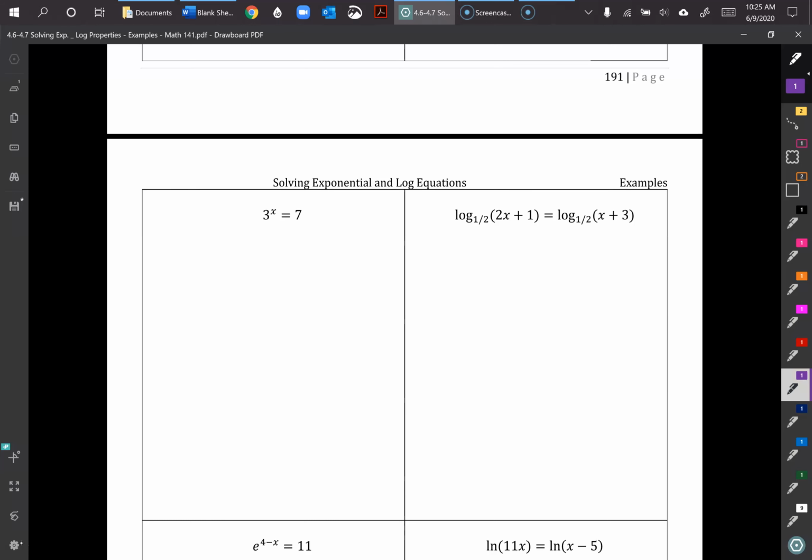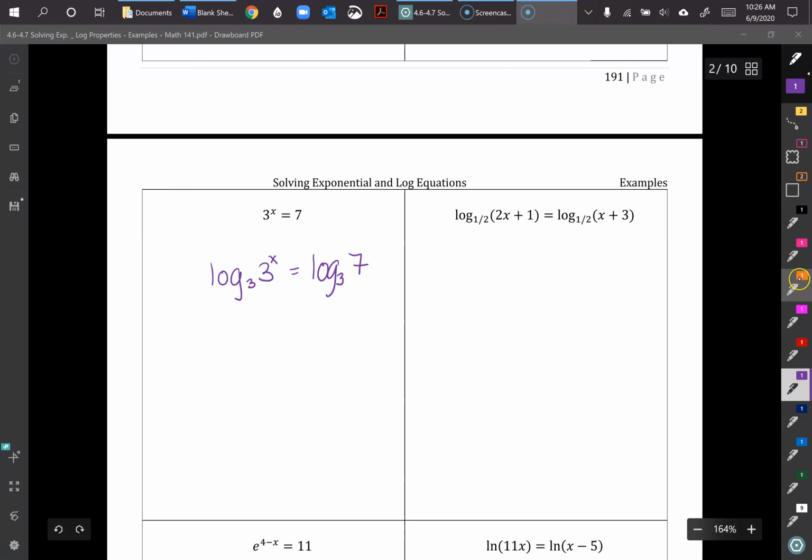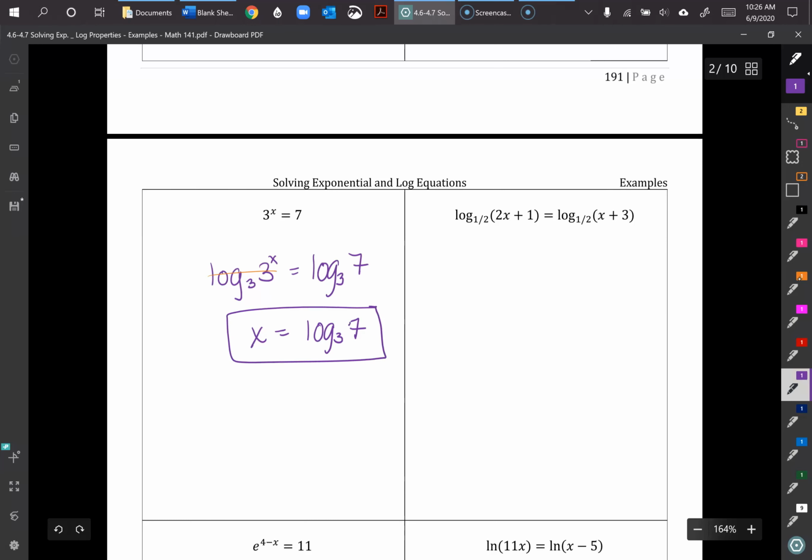So we're going to do log base 3 of 3 to the x equals log same base, has to be same base, of 7. Now that leaves us with x equals log base 3 of 7.